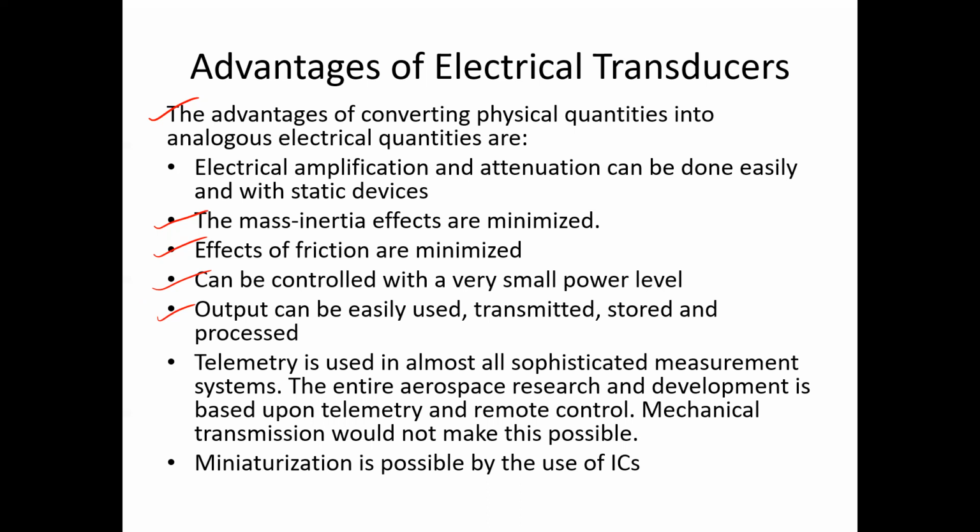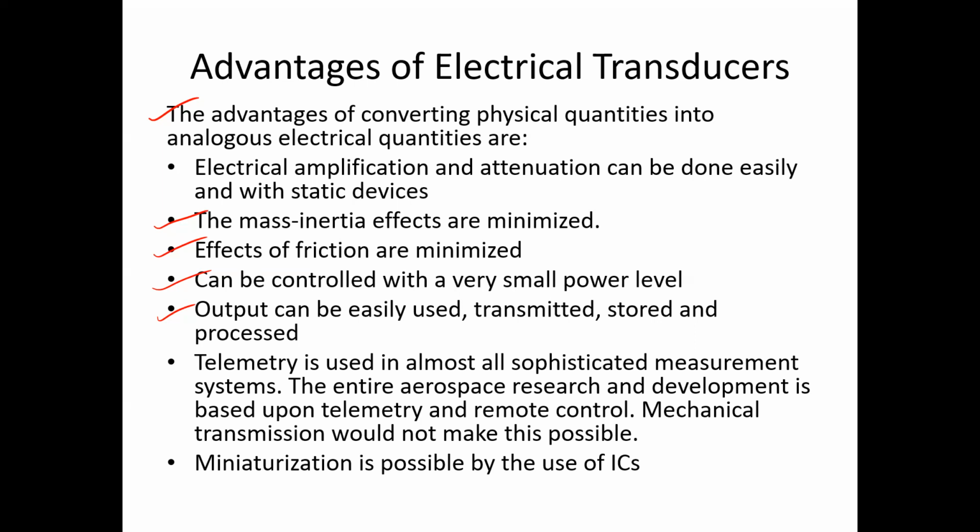If it is necessary to amplify or filter out some portion, or do any sort of signal conditioning, or if the signal has to be transferred to a distant place, that can be done once it is converted into electrical form. It can be converted from analog to digital form, or even into electromagnetic waves, and transferred to different locations. And also the storage is easier after converting it into electrical form.